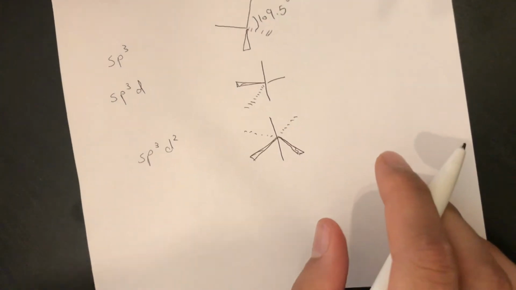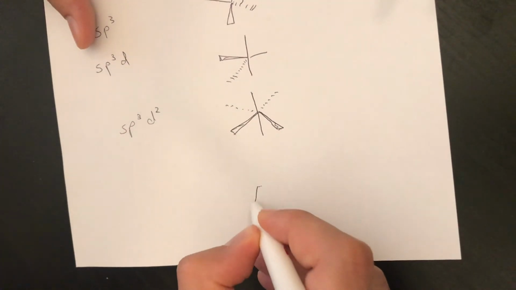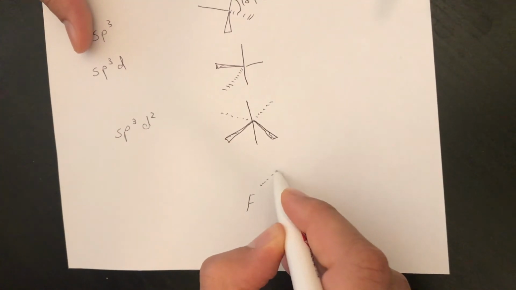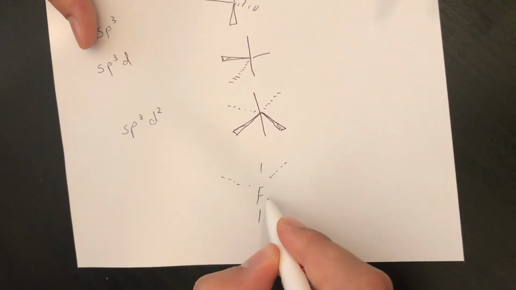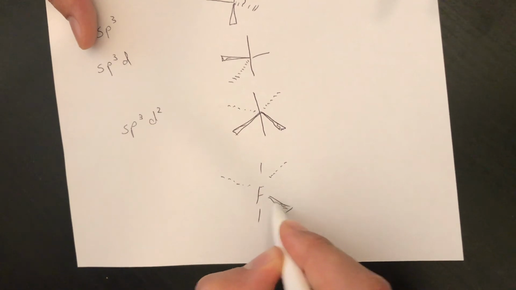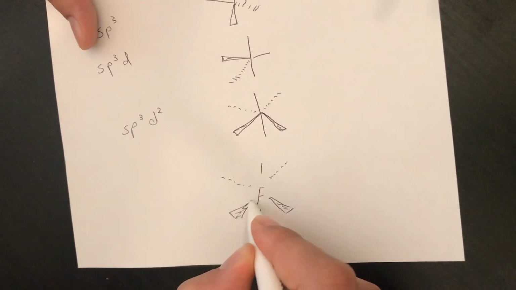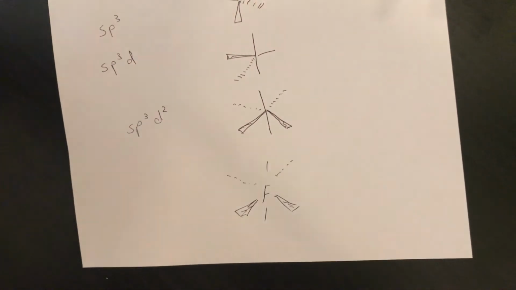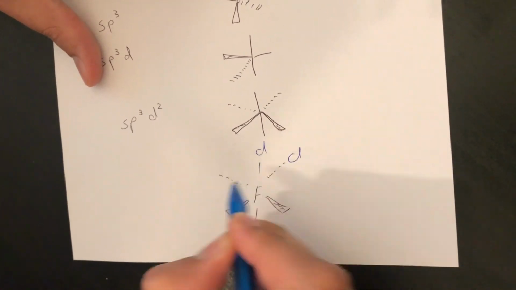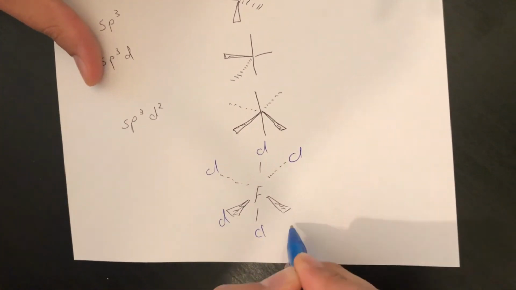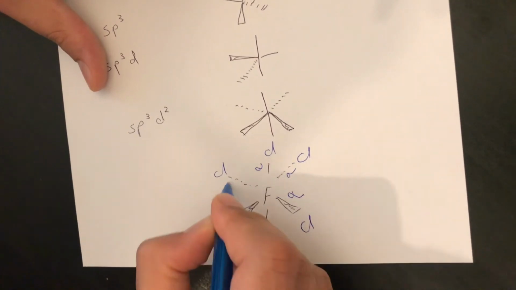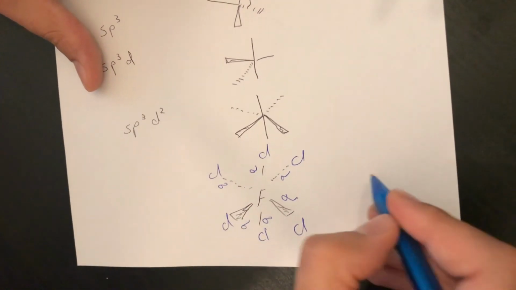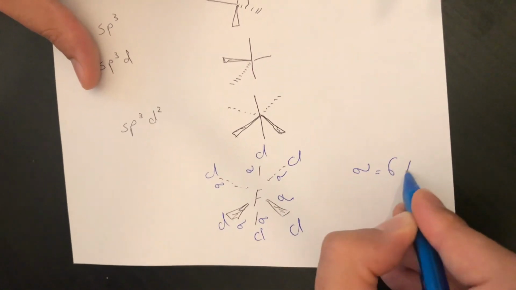So giving another example, imagine you have a fluorine, you already know the answer, but with 6 other chlorine atoms. So what's the hybridization? 1, 2, 3, 4, 5, 6. How many sigma bonds? 6 bonds.